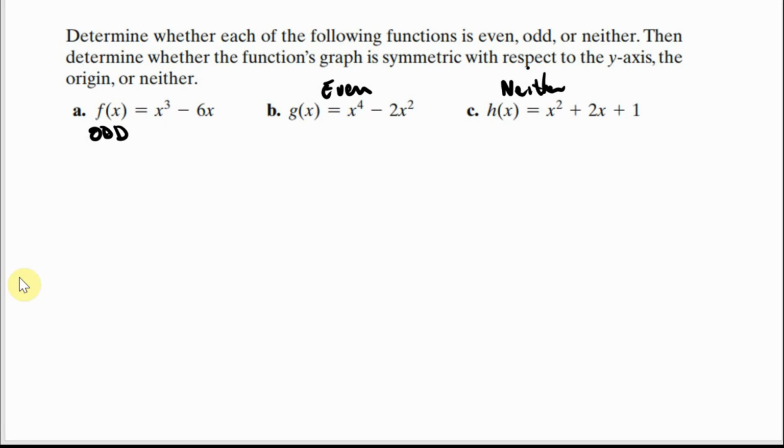So the statement says that if f of x equals f of negative x, then f is an even function.